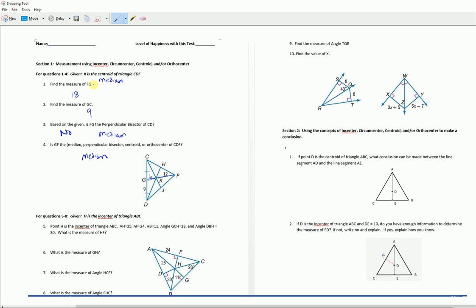Again, it's really critical when you take this test that you know what line is involved. If we talk about incenter, this is going to be angle bisectors. That's going to be important information as we get into this one. In this question, we had all the givens listed in case you couldn't see what side they went with. What's the measure of HF?